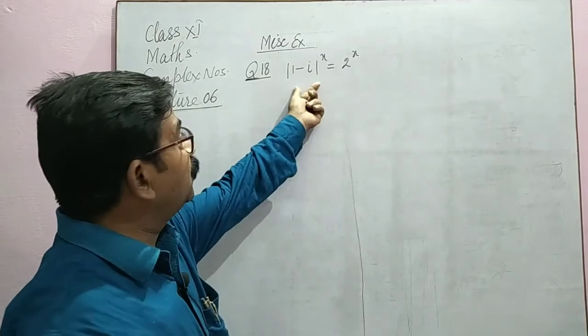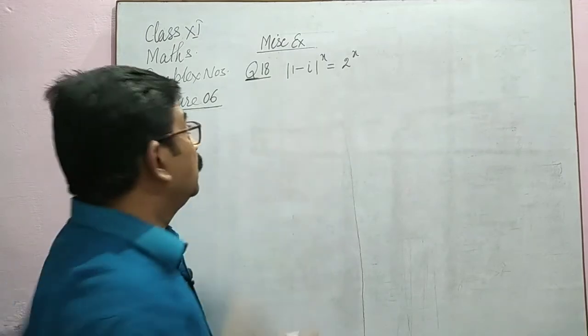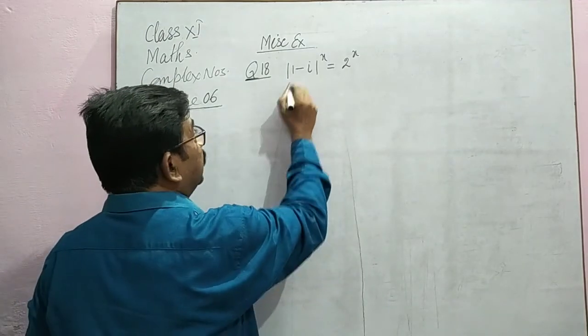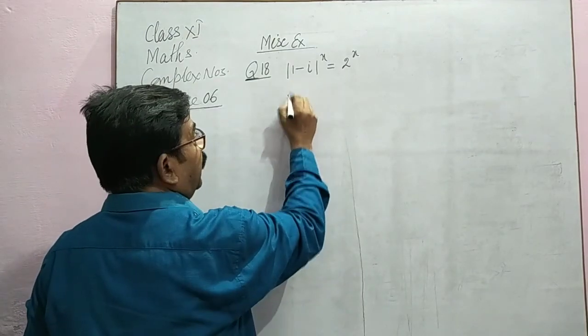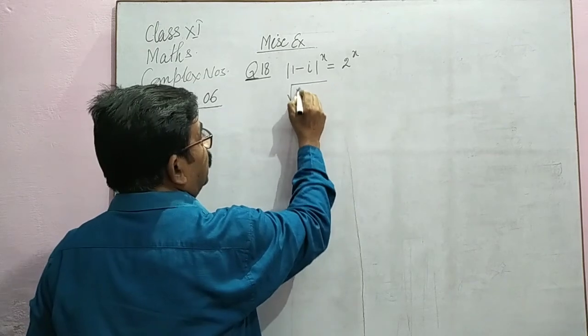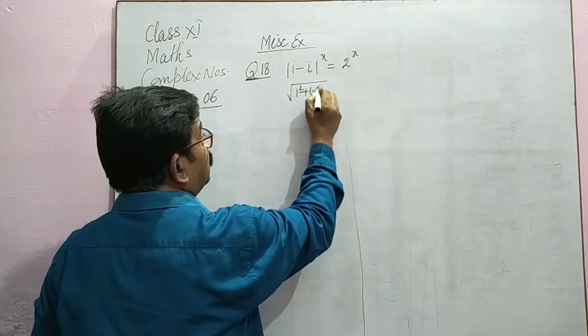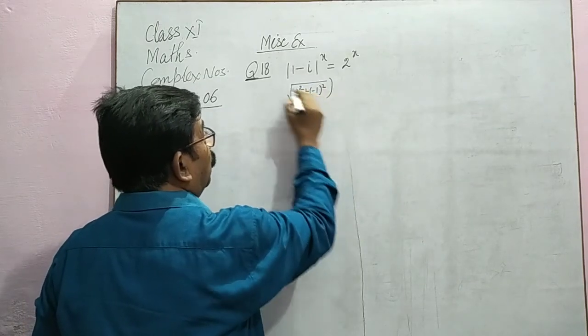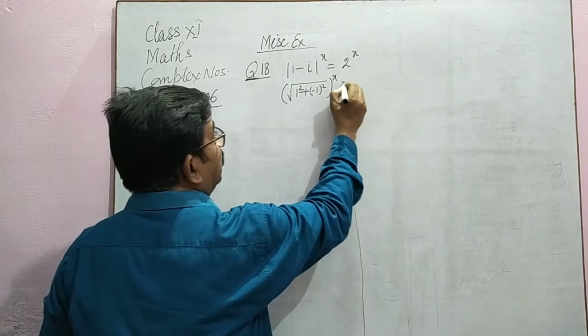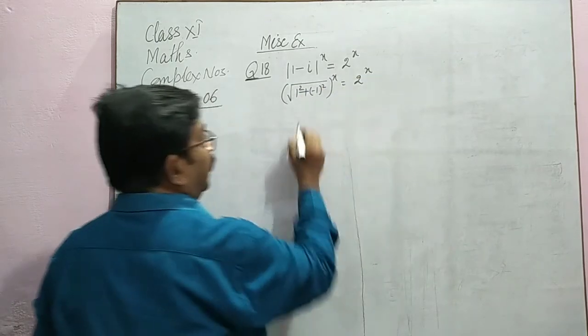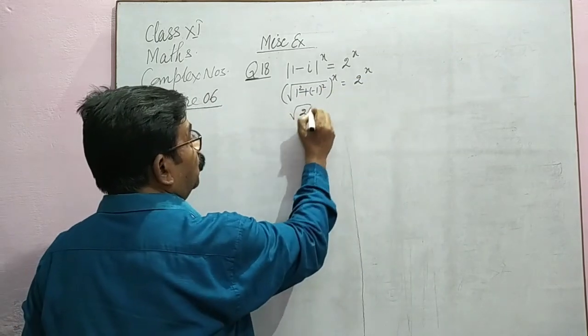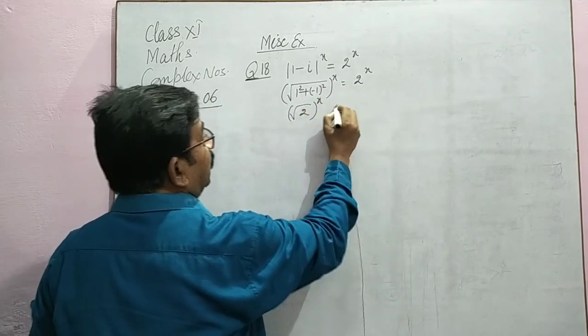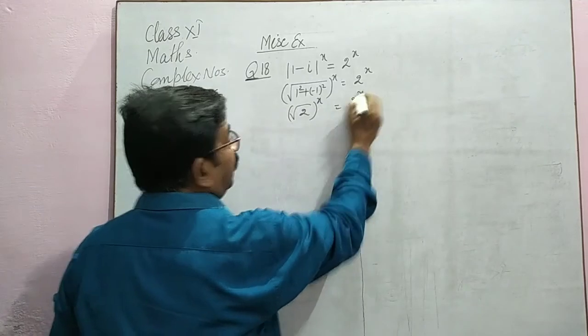So this is mod of x. What can we write? The modulus of 1 minus i is under root 1 square plus minus 1 square, and whole to the power x is equal to 2 to the power x. This is under root 2 to the power x is equal to 2 to the power x.